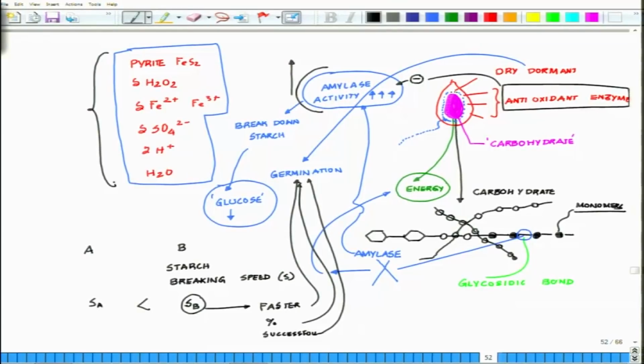Now, if you remember one old reaction called the Fenton reaction, where in the presence of iron you produce hydrogen peroxide, a very old chemistry.